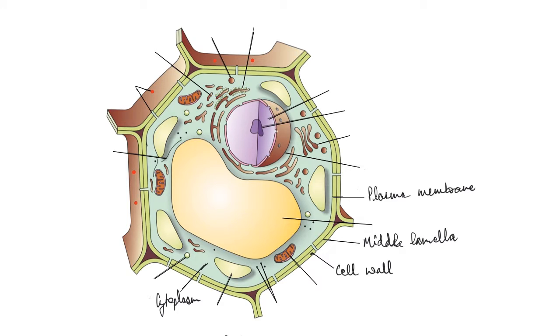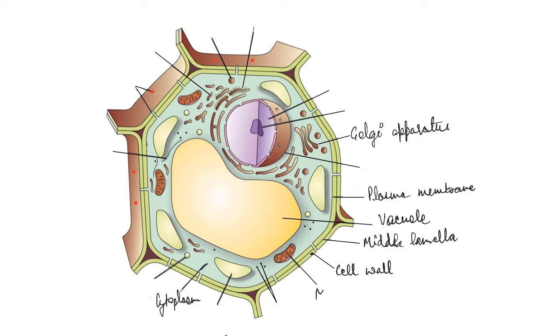Now, in cytoplasm, you have different types of cell organelles. So, you have Golgi apparatus, right? Then you have some vacuole, right?